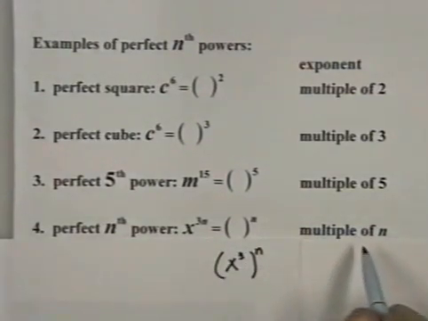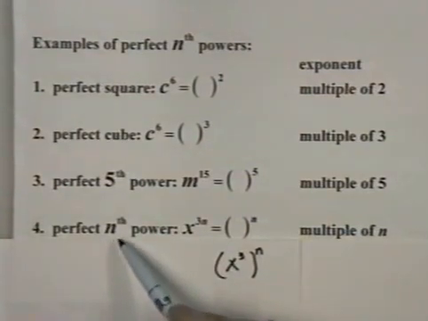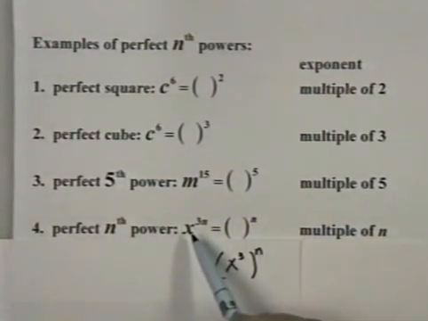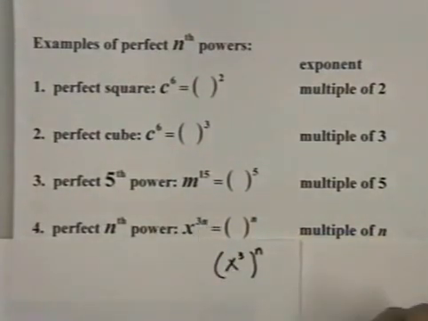So that's a perfect nth power. So every nth power has to have in its exponent a factor of n.